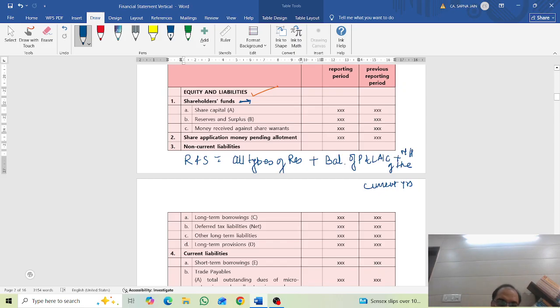If the liability is for a duration of less than 1 year, this is called short-term liability or current liability. So liability depends upon the period, upon the time. So the third part is the non-current liability, or in other terms, long-term liability.